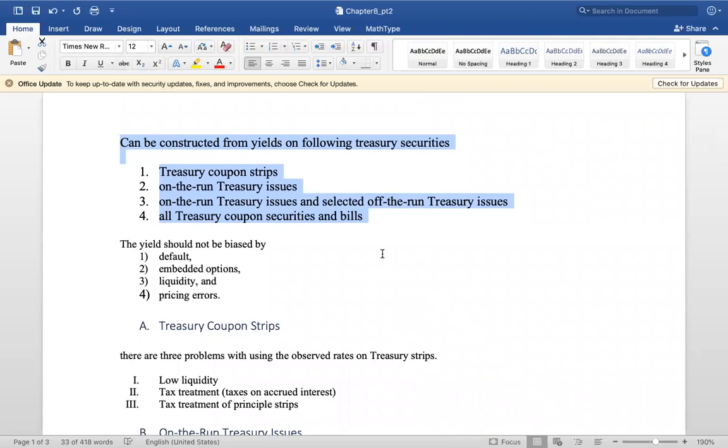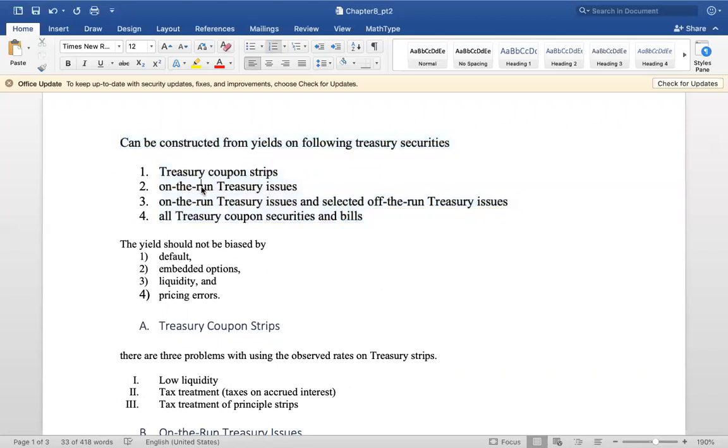It's the simplest way to construct the treasury yield curve, because it would seem simplest to use the observed yield on treasury coupon strips to convert to an actual spot rate curve, as we have seen in our previous lectures. But using the treasury strip curve has its own problems.